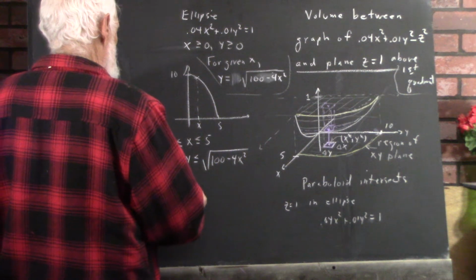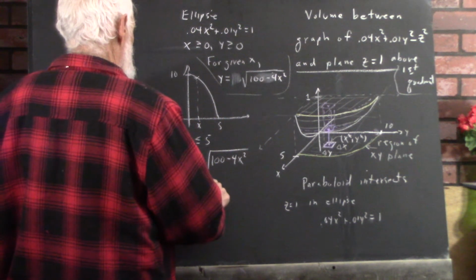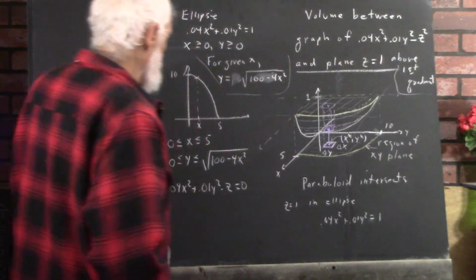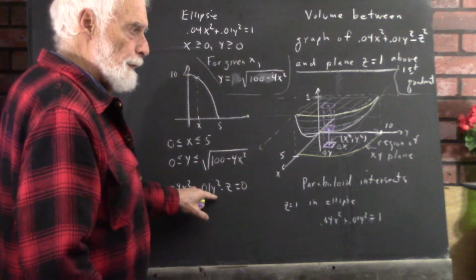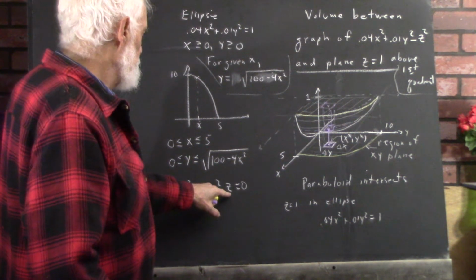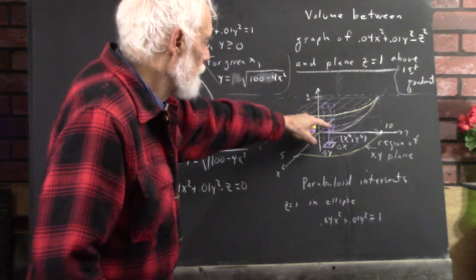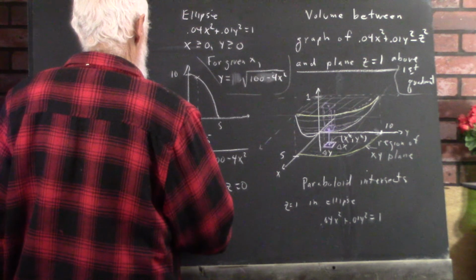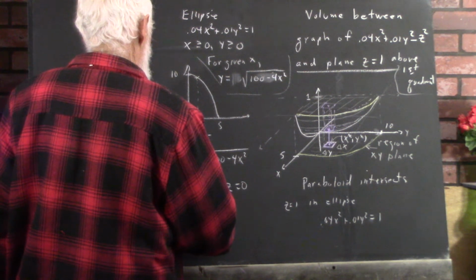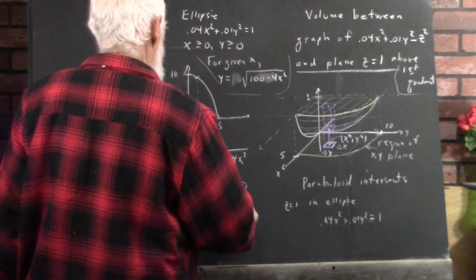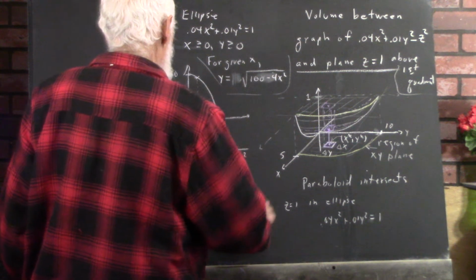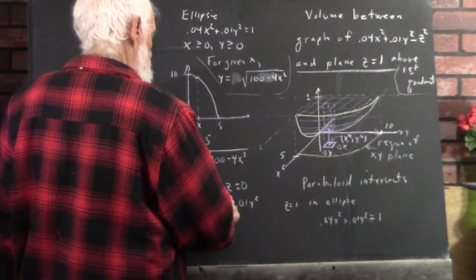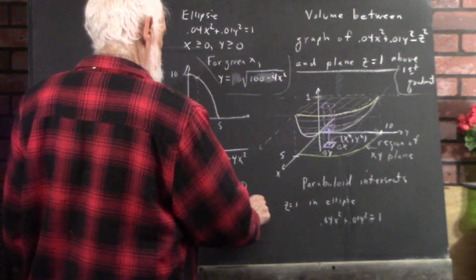well, here's your function, 0.04x squared plus 0.01y squared minus z equals 0. If you know the values of x and y, you can find the value of z that corresponds to this. So z equals 0.04x squared plus 0.01y squared. Okay, and if you're using the sample point, that would be your x star squared, your y star squared.